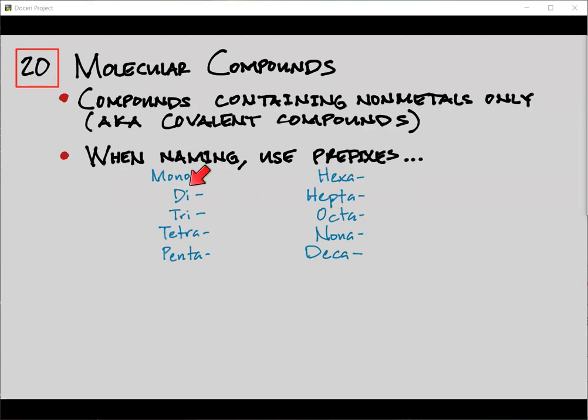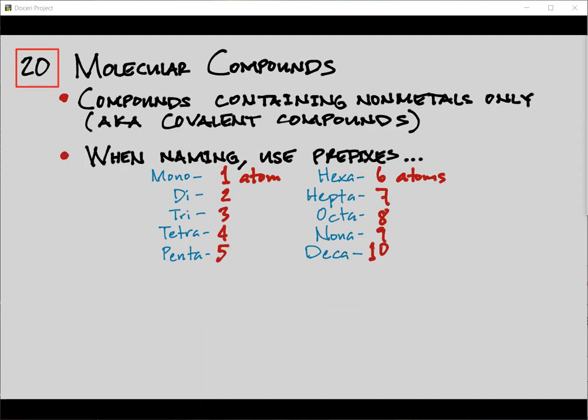So you have mono, di, tri, tetra, penta, hexa, hepta, octa, nona, deca. These prefixes basically indicate how many atoms you have of that element. Mono is a single atom, di means two, tri, three, all the way to deca, which contains 10 atoms.